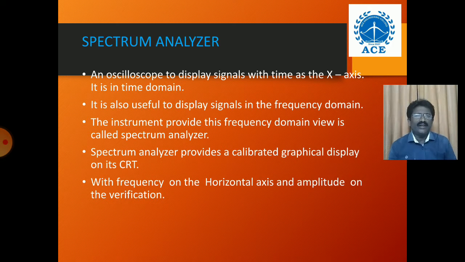Spectrum analyzer provides a calibrated graphical display on its CRT with frequency on the horizontal axis and amplitude on the vertical axis. So finally here we can see our required output in the form of amplitudes.